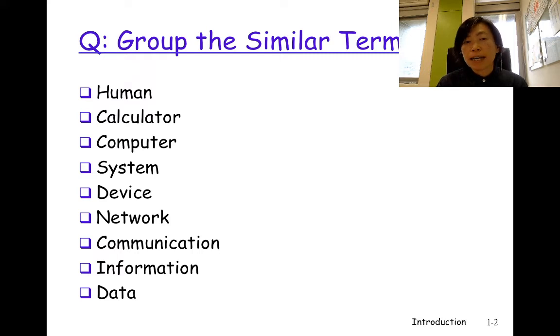So what I'm providing here on the slide is a list of terms. They should all sound very familiar to you, and some of them could be confusing. Let's see. Human, calculator, computer, system, device, network, communication, information, and data.